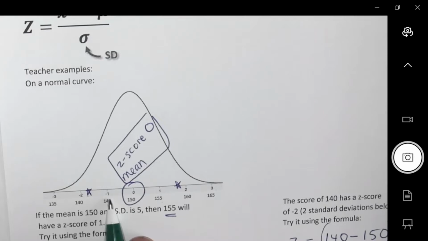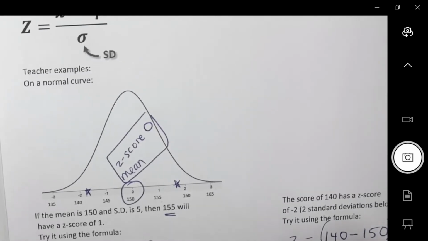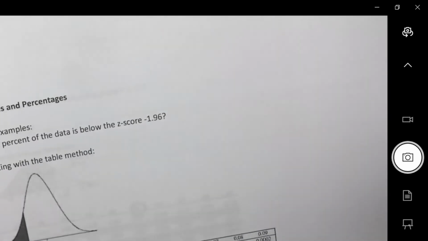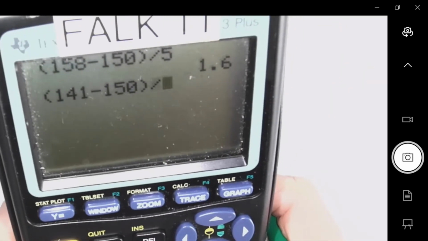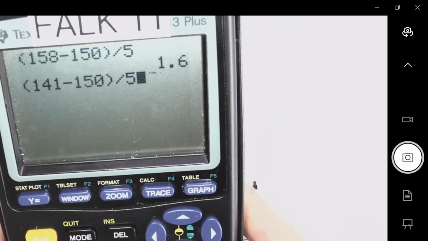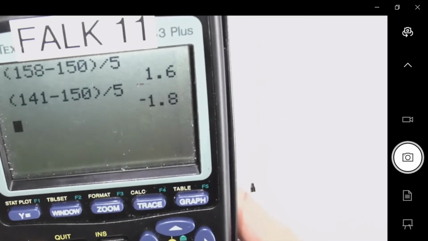So my guess is -1.8. That's my guess. So let's see. So brackets. And then divide by 5, negative 1.8.